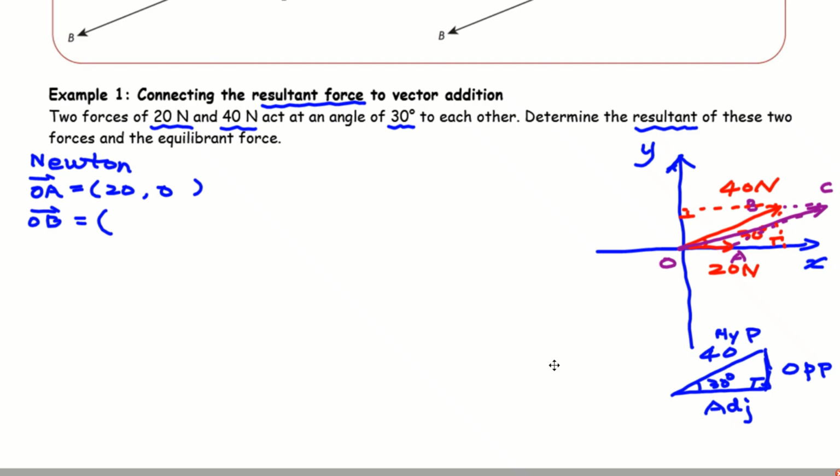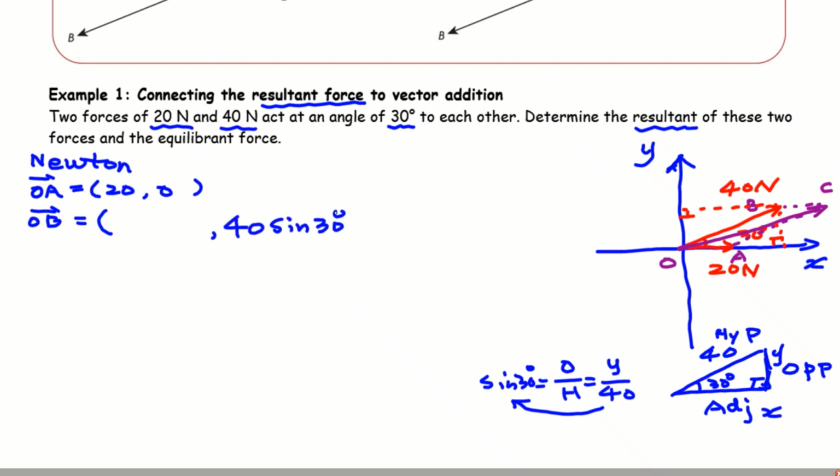So we could use opposite over hypotenuse equals sine 30 degrees, and the opposite for this one is our y. This is our y, and the adjacent is our x. So opposite is y, hypotenuse is 40. Move the 40 to this side, so the y direction is 40 sine 30 degrees.